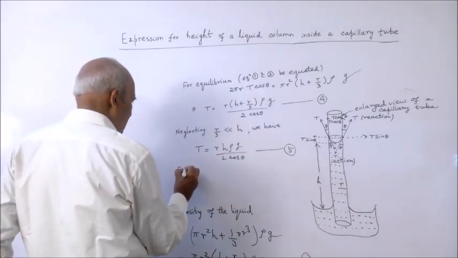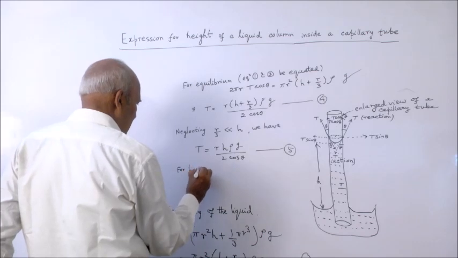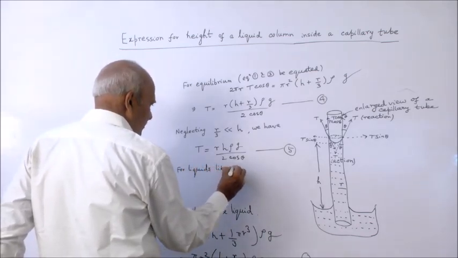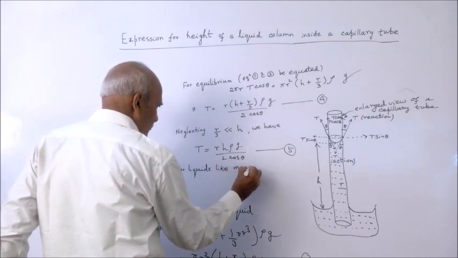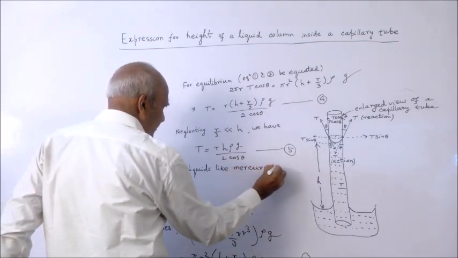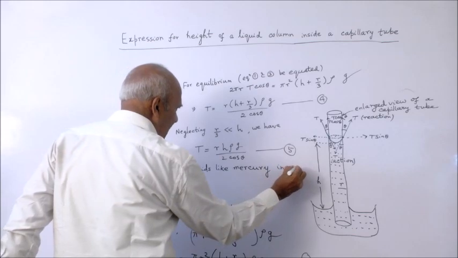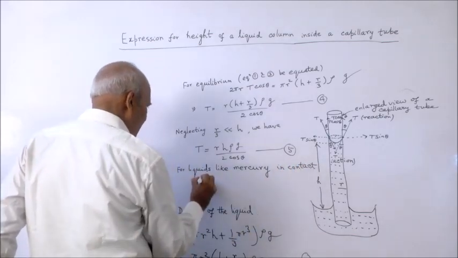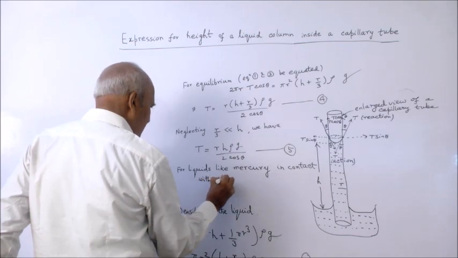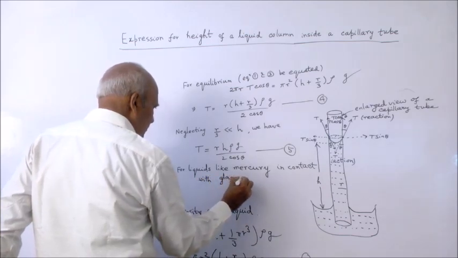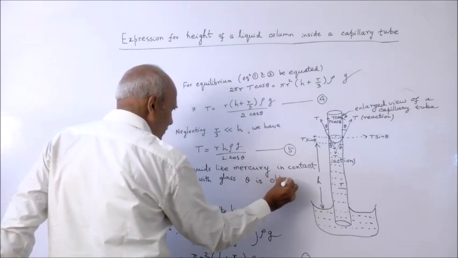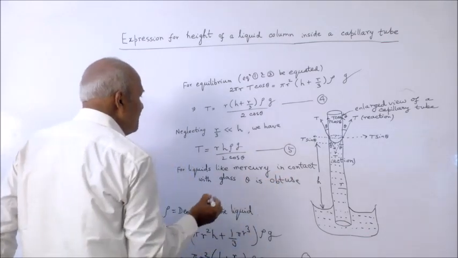For liquids like mercury in contact with glass, theta is obtuse, that is nearly 135 degree.